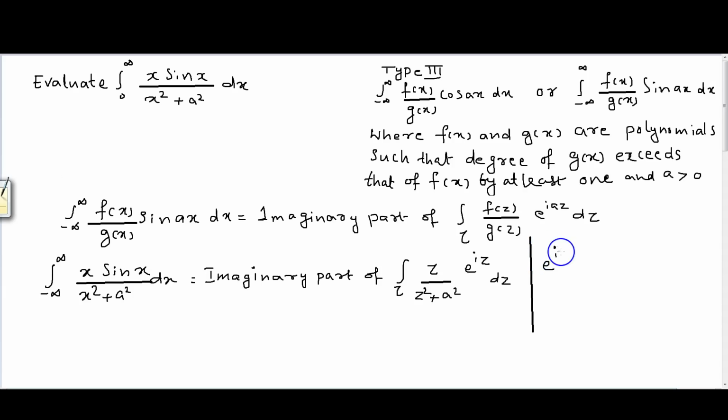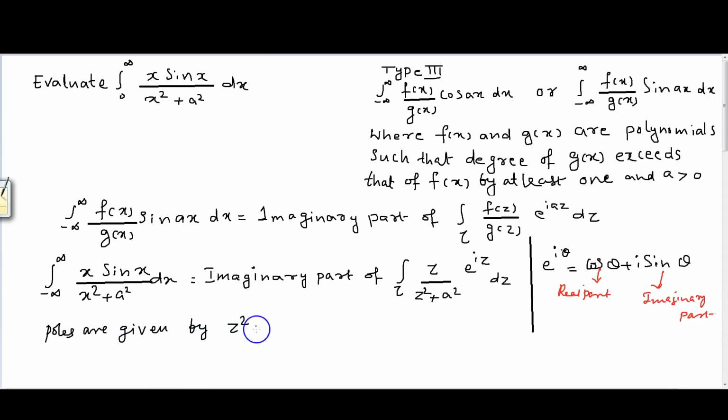We know that e raised to i theta equals cos theta plus i sin theta. Cos theta is the real part of e raised to i theta, and sin theta is the imaginary part of e raised to i theta.